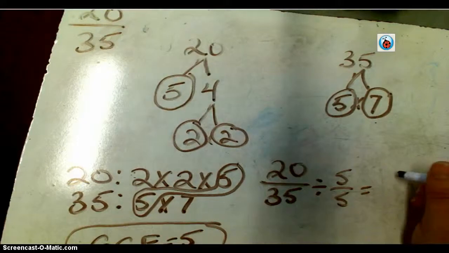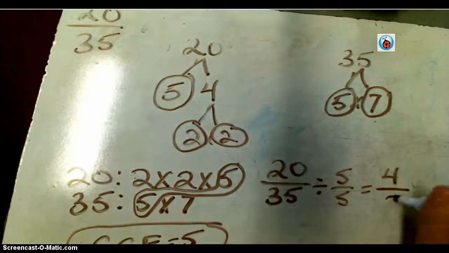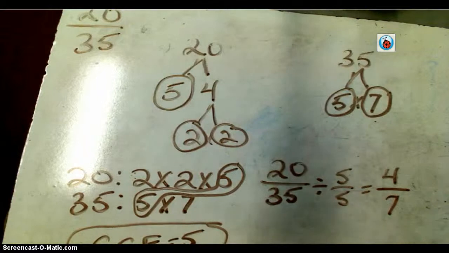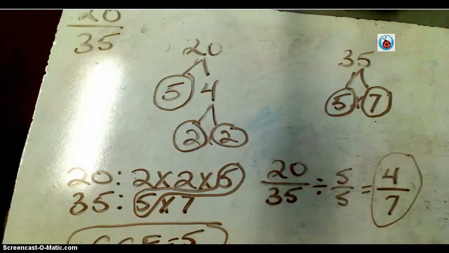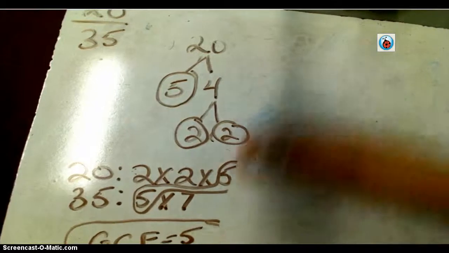What's 20 divided by 5? 4. What's 35 divided by 5? 7. So, my fraction was 20 over 35. Simplest form is what? 4 over 7. Alright, you guys seem to understand that? See how we needed to know the greatest common factor in order to simplify? So this is looking in the last lesson?